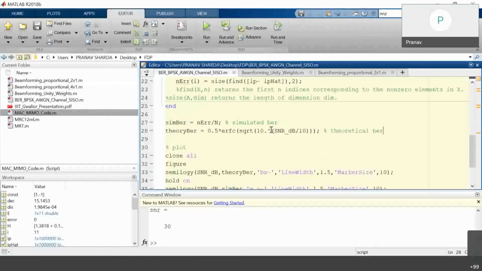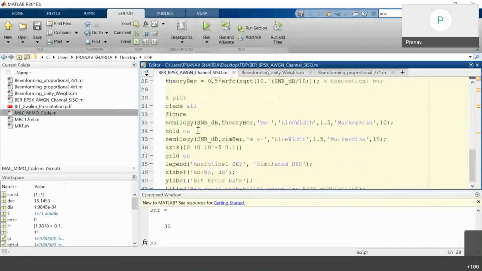So both have to match when we execute this code. They are presented here only for the sake of verification: if the simulation and the derived expression are well matched, it means that our simulation and analytical expression are both correct.